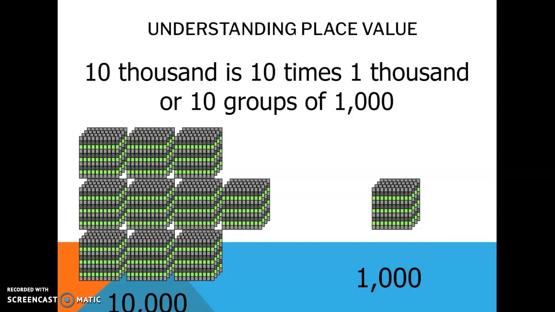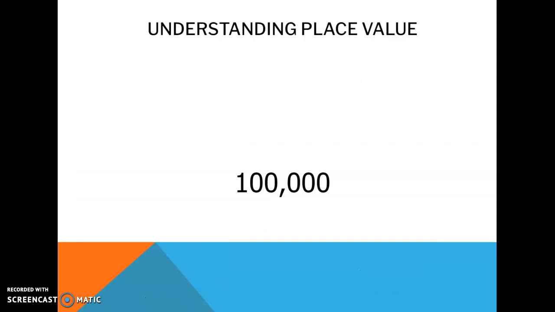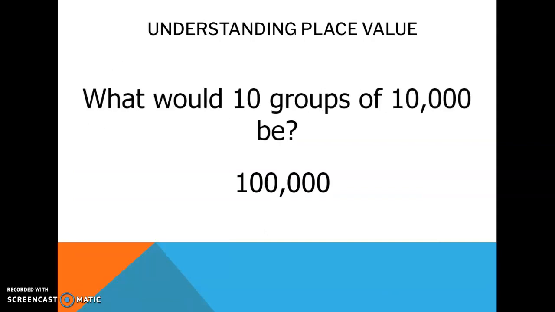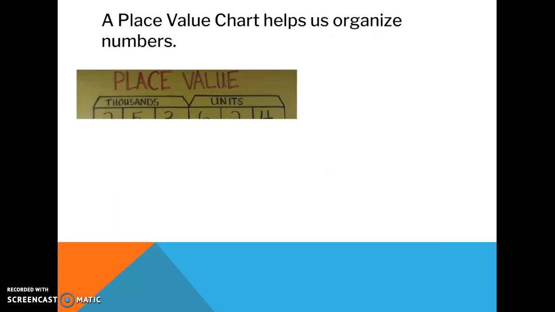Now, what if I put 10 groups of 1,000 together? Then I would have 10,000. 10,000 is 10 times 1,000, or 10 groups of 1,000. What would 10 groups of 10,000 be? 100,000. That's right, Miss Moore.